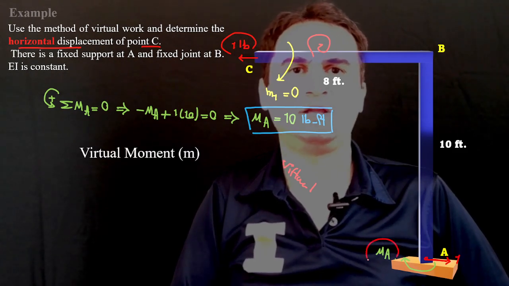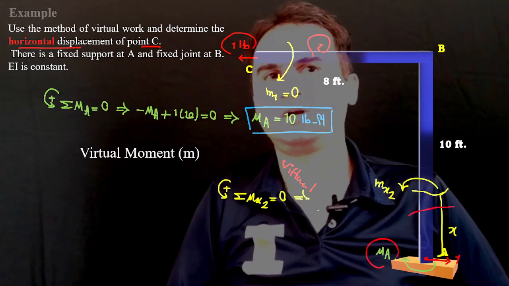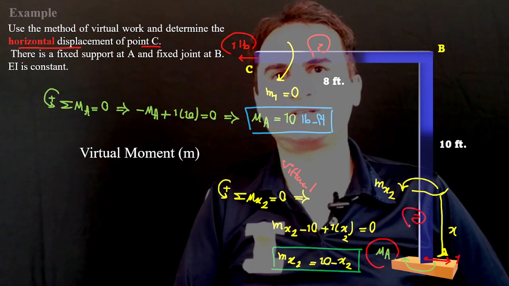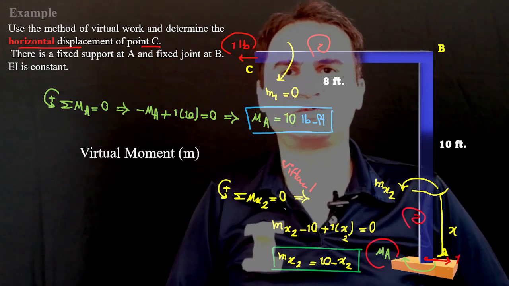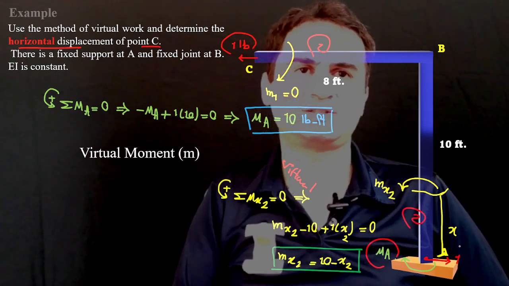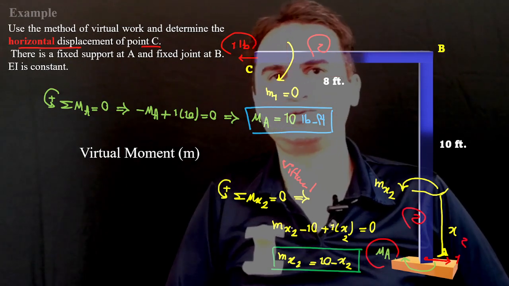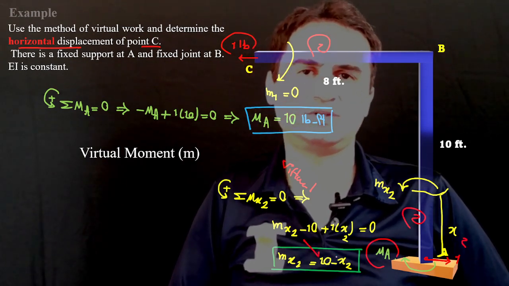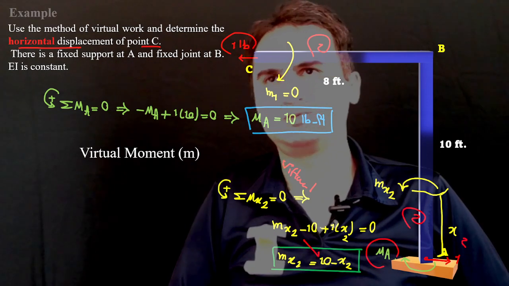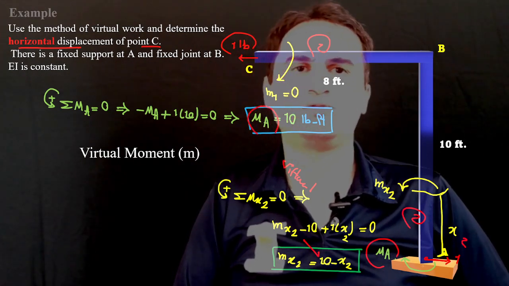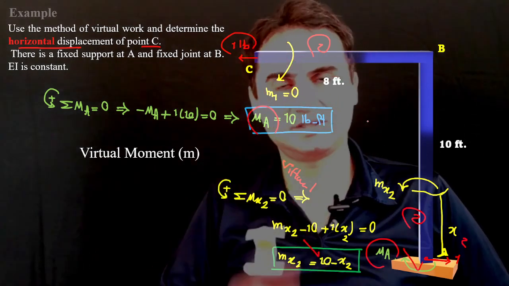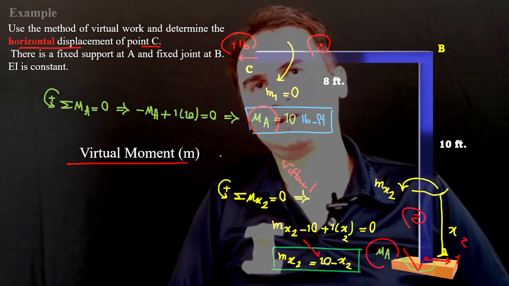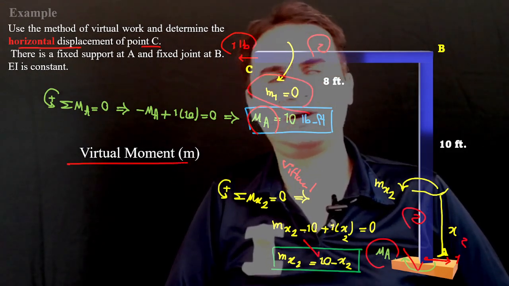For the second part, cutting through it, the summation of moment about x2 gives us m2 equal to 10 minus x2. So the virtual load gives us the equations for m1 and m2.